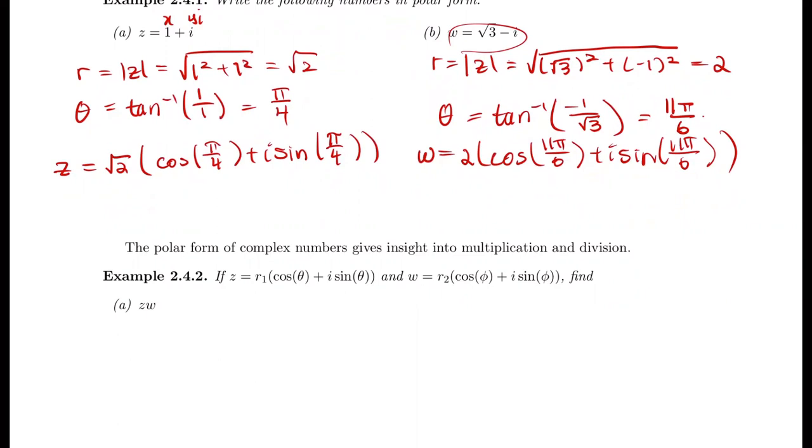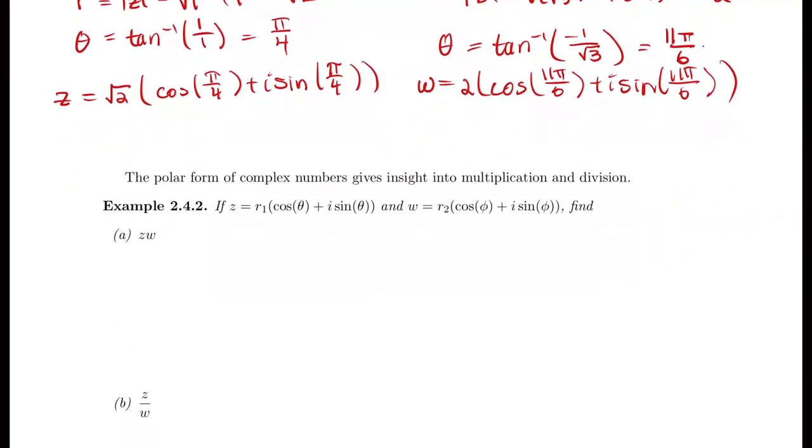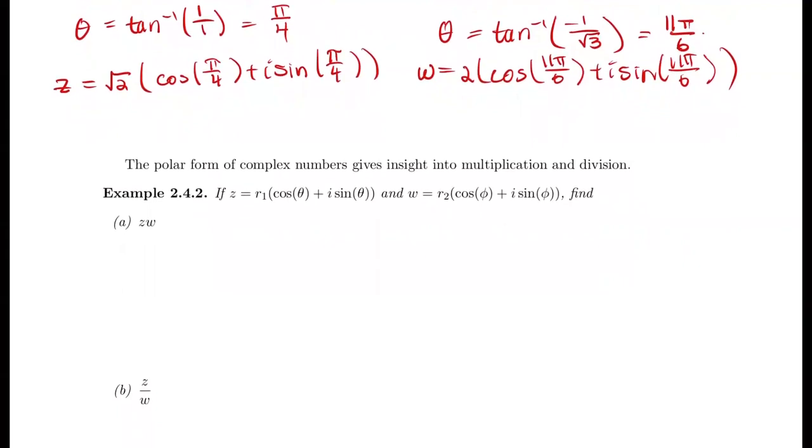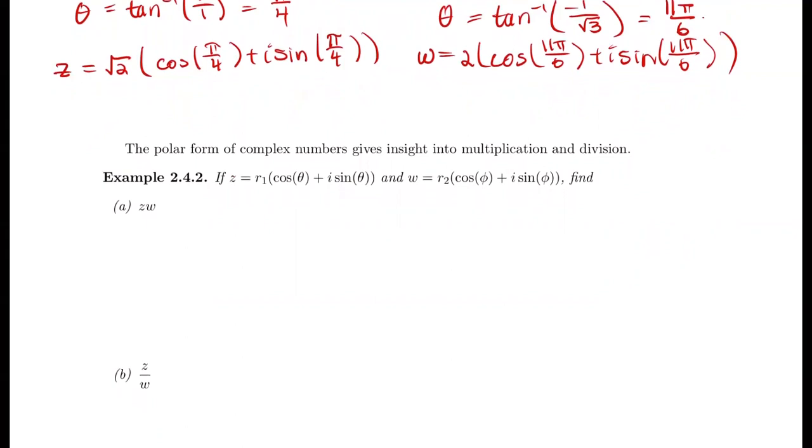So let's go ahead and try to find the product between the two. If Z is equal to R1 times cos theta plus I sine theta, and W is R2 times cos phi plus I sine phi, then for the product Z times W, we would just have, by multiplying the two moduli, and we would also have cos theta plus I sine theta, multiplied by cos of phi plus I sine of phi.